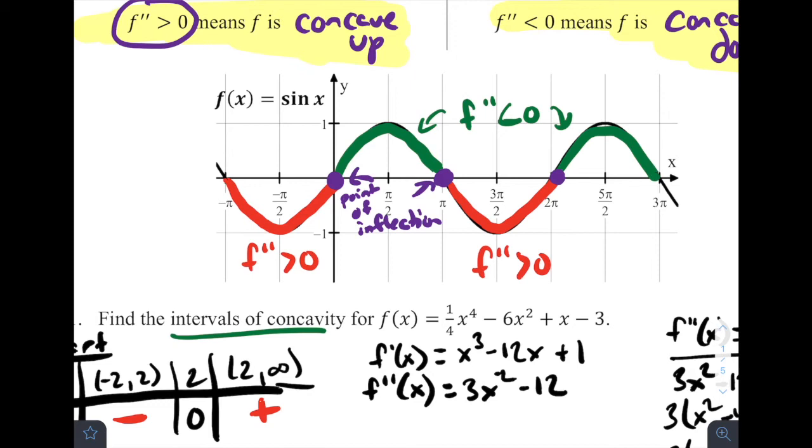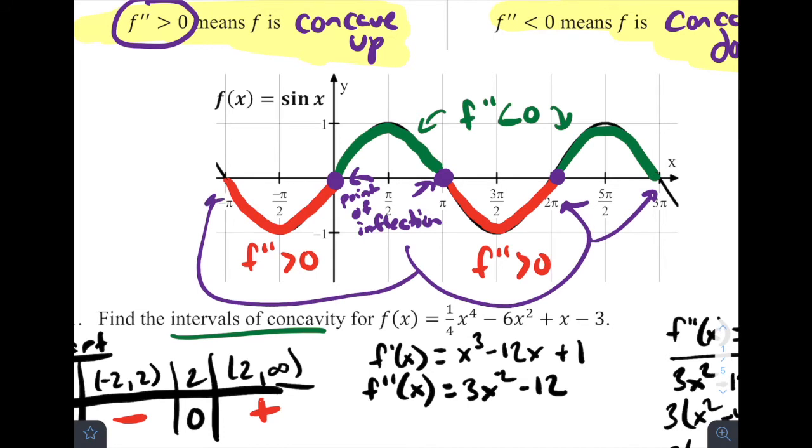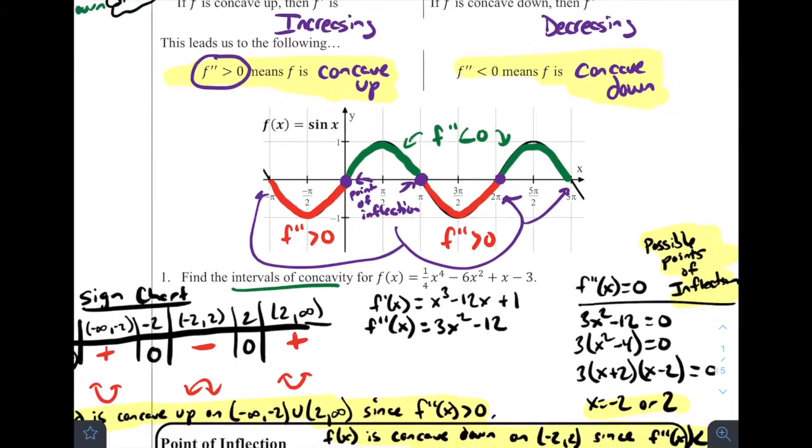We've got a point of inflection here, and that's also a point of inflection. And if we were to extend it, it looks like that would be as well, and maybe that would be as well. We know obviously the sine of x graph goes forever in its domain to the left and to the right, so this would have an infinite amount of points of inflection. There'd be one every single point where it crosses the x-axis because the concavity would change from being concave up to concave down. Great.